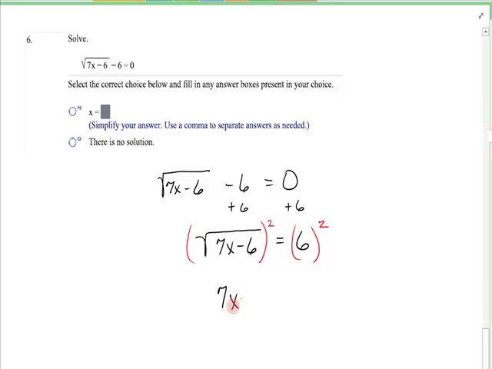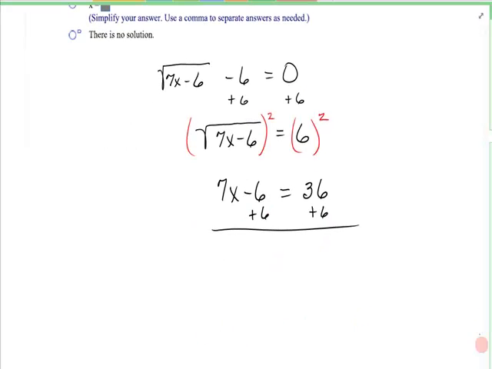That gives you 7x minus 6, because when you square a square root, the radicand pops out. 6 squared is 36. Add 6 to both sides. I have 7x is equal to 42. Divide by 7. X is equal to 6.